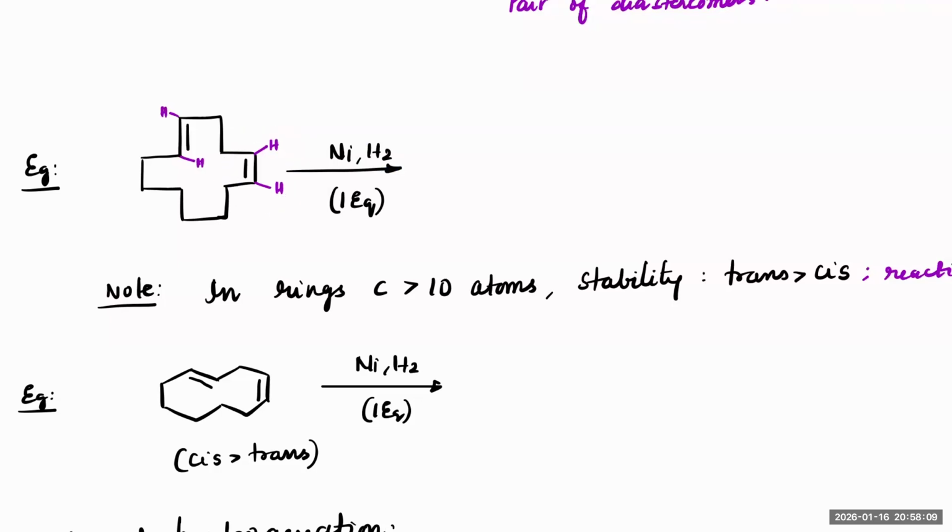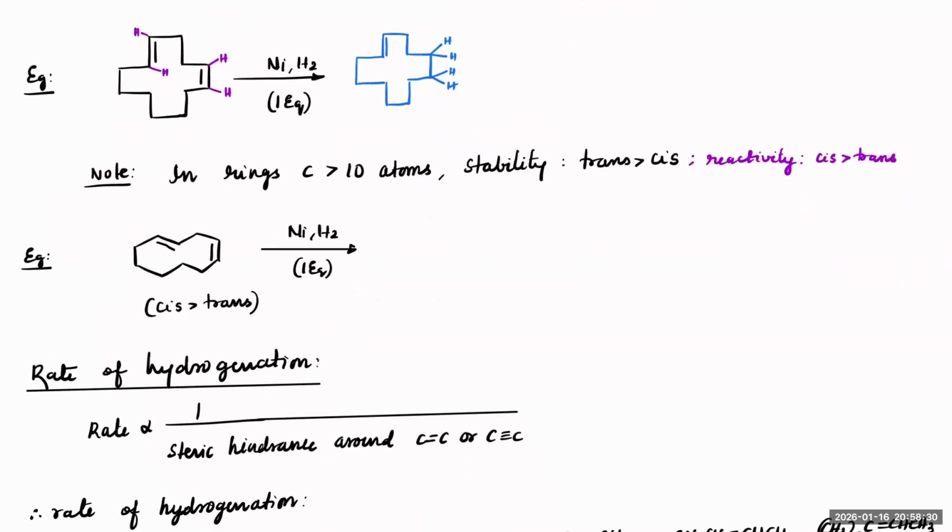So how does the product look like? This is how it would be. Double bond here, and here you will have both the hydrogens getting added. Hydrogen, hydrogen, hydrogen, and hydrogen. Done. Trans would remain stable.